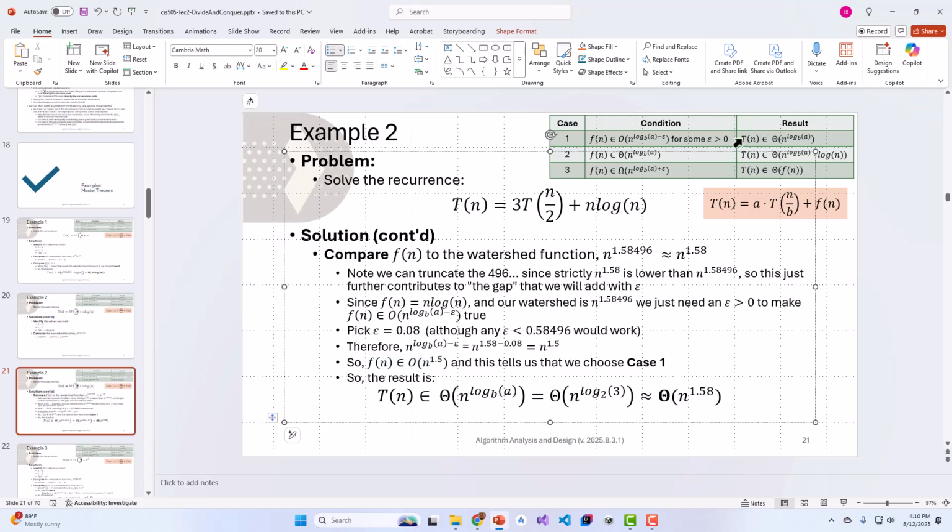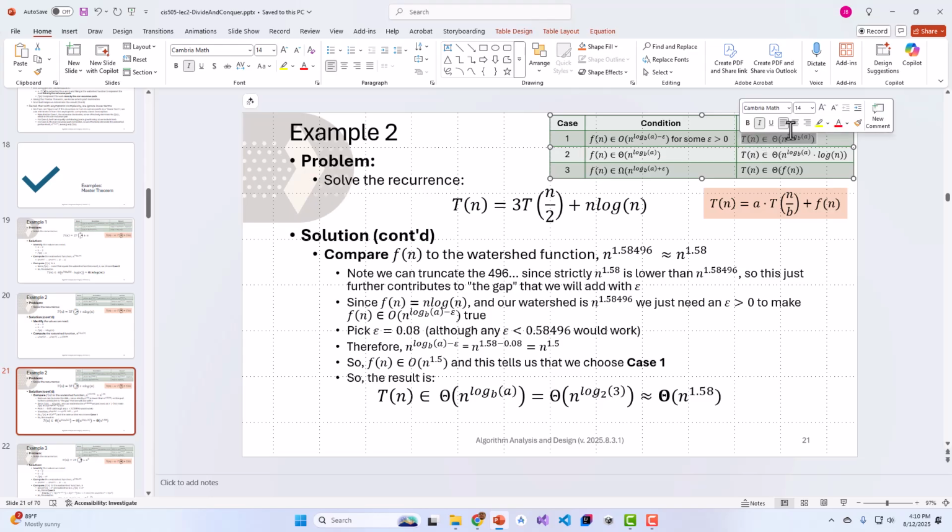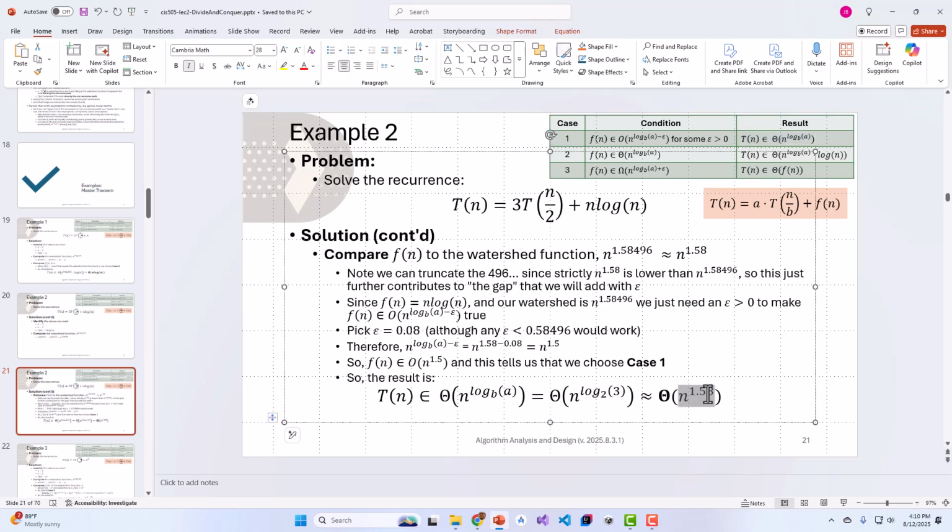Since it's case 1, we will use this result, which means the recursive part dominates. So t of n is big theta of n to the log base b of a, which is n to the log base 2 of 3. That's our watershed, which we calculated earlier. So that's approximately n to the power 1.58. That is the category you put it in.